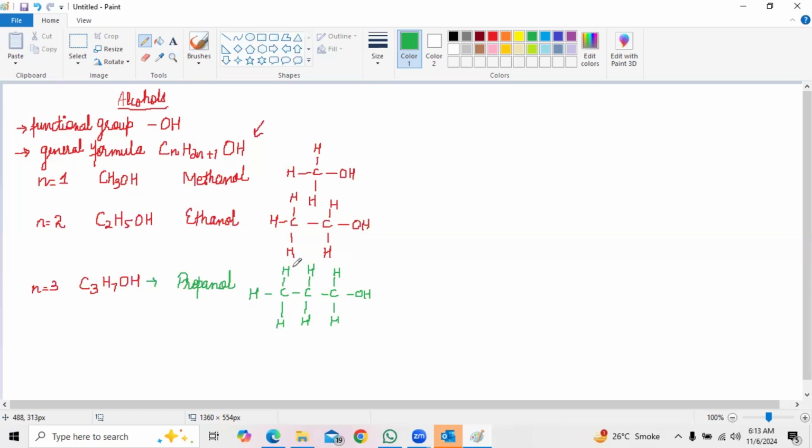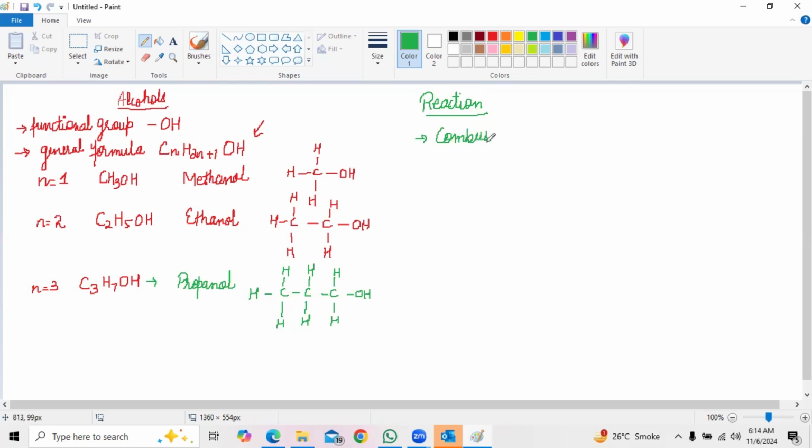Now, we are going to further discuss what kind of reactions alcohols would actually give. First of all, the important reaction that alcohols go through is the combustion reaction.